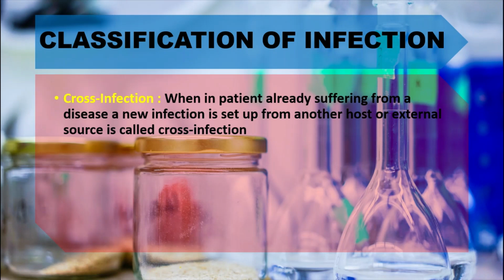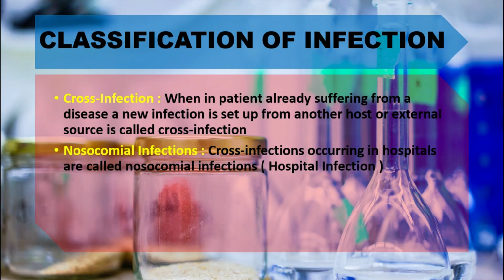The best example of cross infection is nosocomial infection. Cross infections occurring in hospitals are called nosocomial infections, and these are also referred to as hospital infections. So nosocomial infection is nothing but cross infection occurring in the hospital.